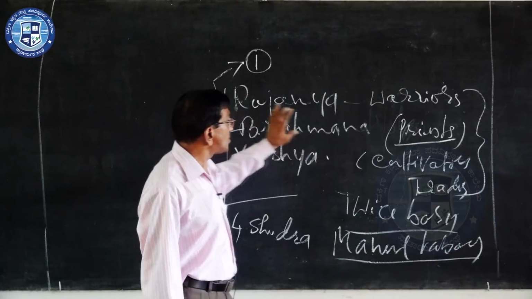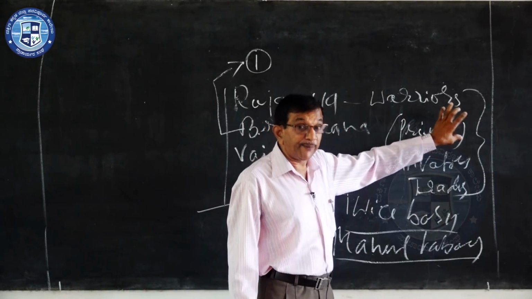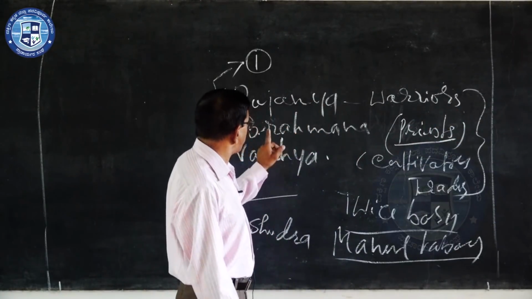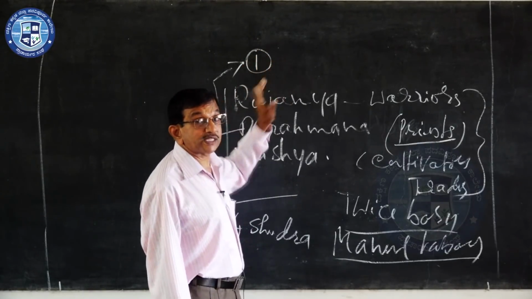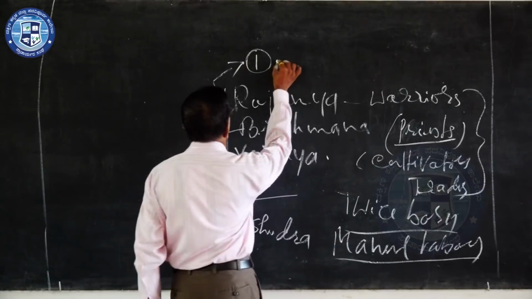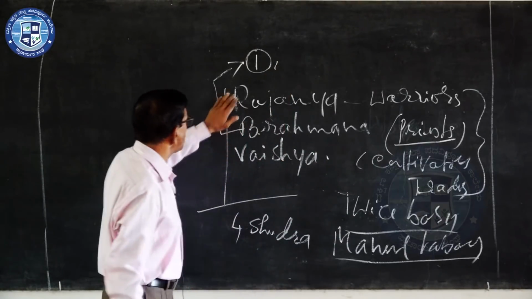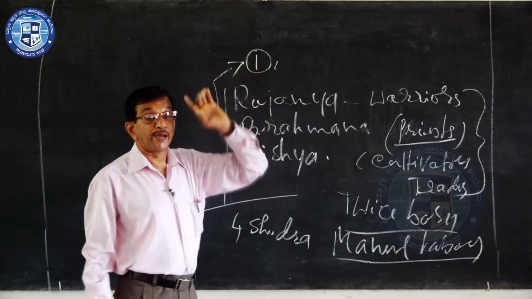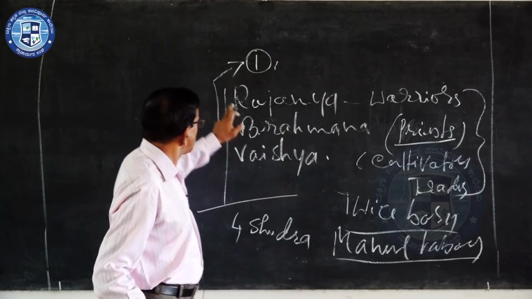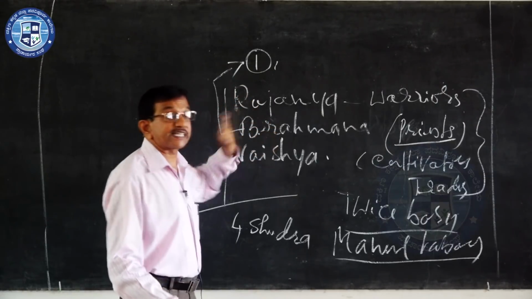People felt that is important. Therefore, Brahmana, whose existence was considered important, occupied the first place. So, instead of Rajanya, the Brahmana Varna got first place. So, Rajanya then got second place.